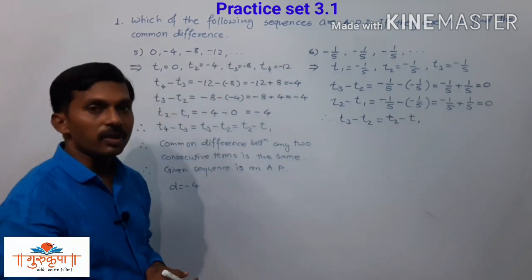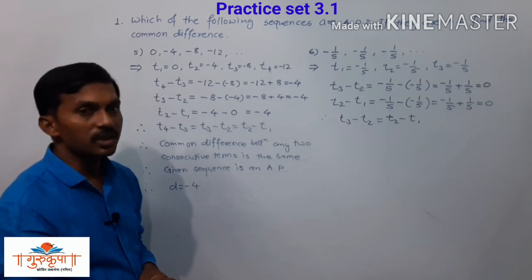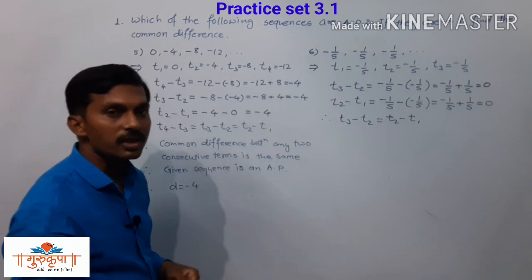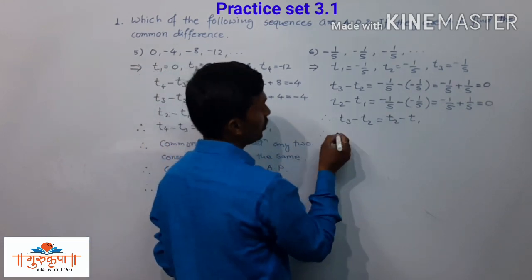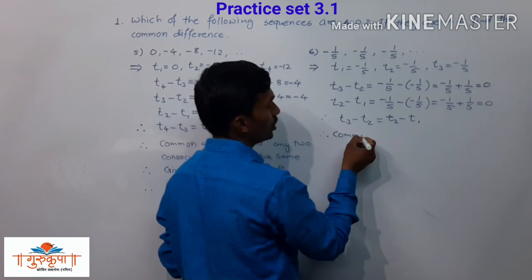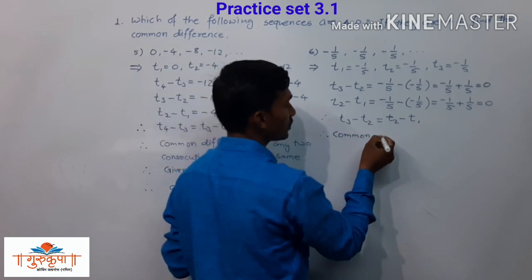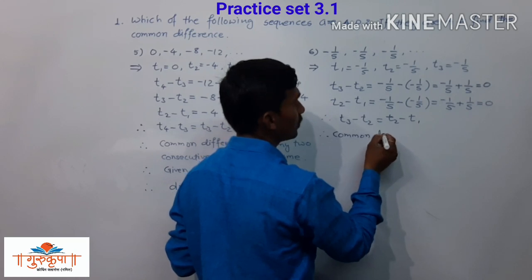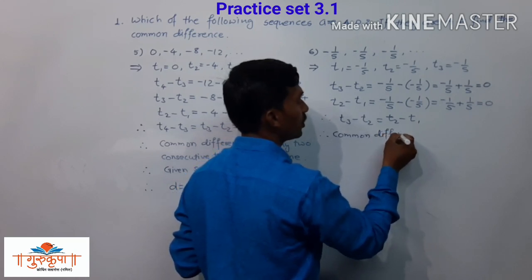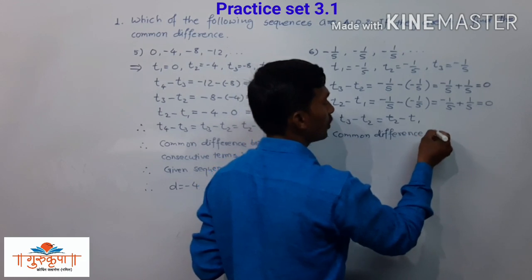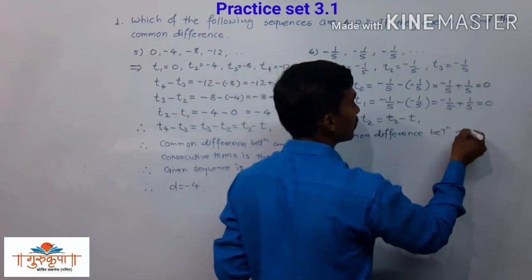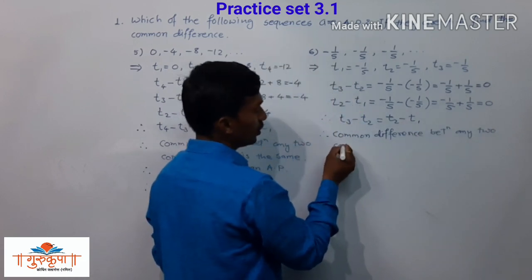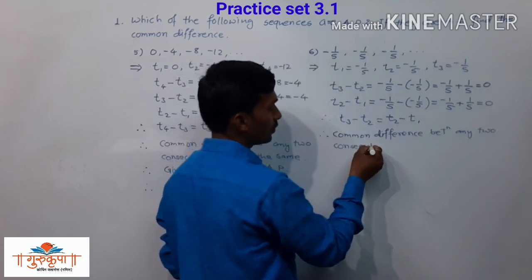And since the common difference between the consecutive terms is the same, we will say that the given sequence is an AP.